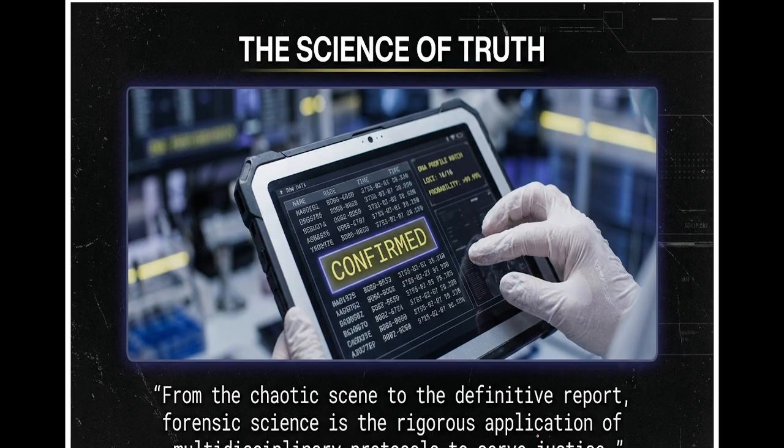We know who should go to prison and who should be free. And that's the beauty of forensic science. If you follow the protocol, know the chain of custody, and implement the rules as they are, you will be happy that justice is served.